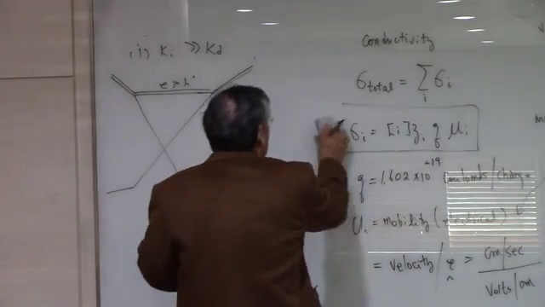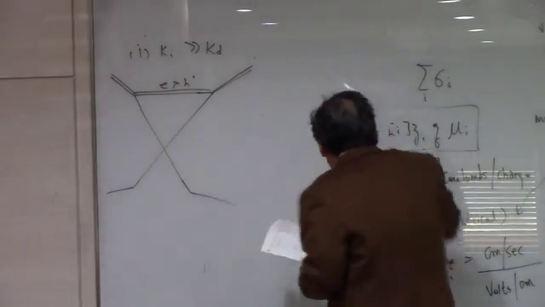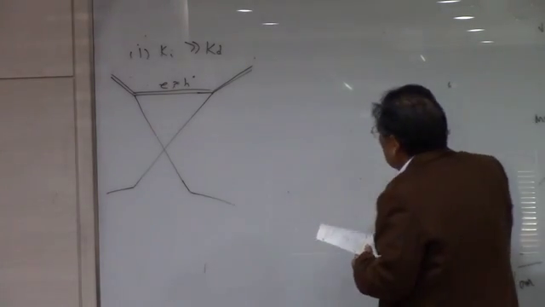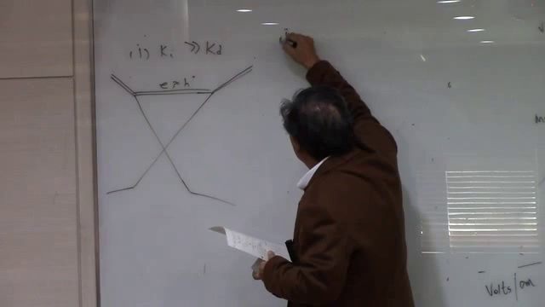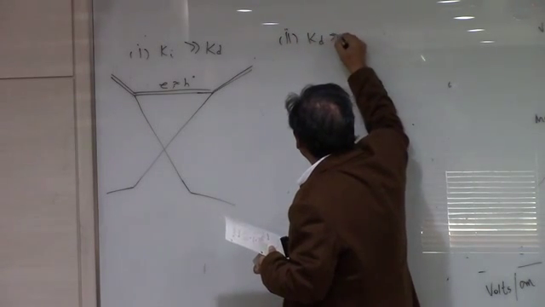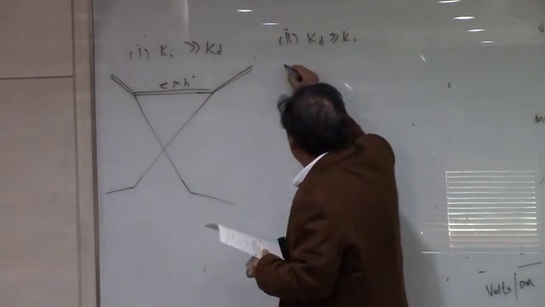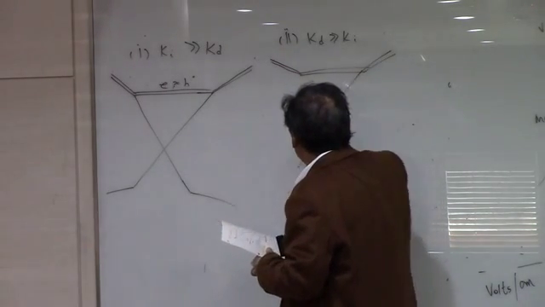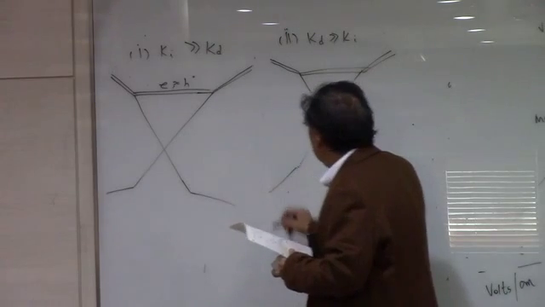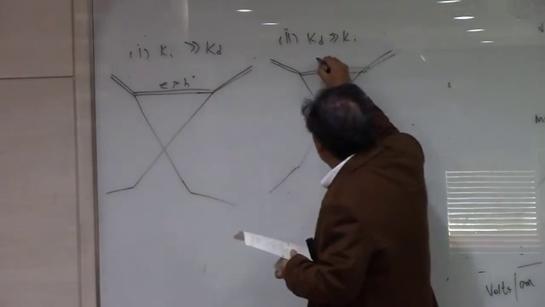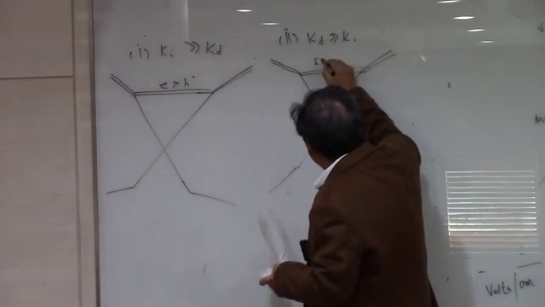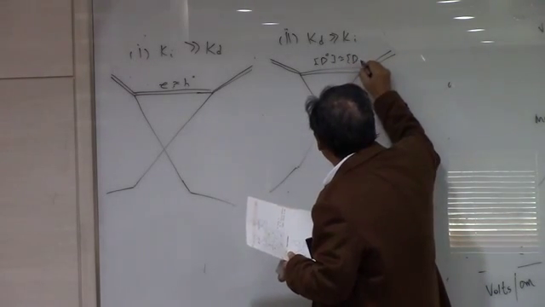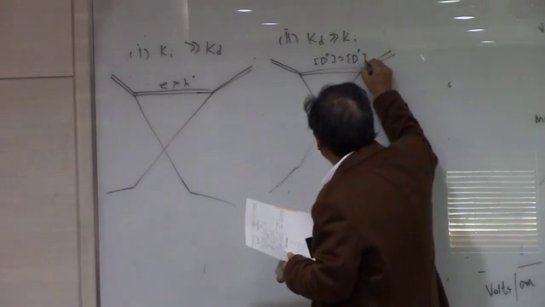But if you have a situation that Kd is greater than the Ki, then we have this kind of figure for the DED, but in this case, the ionic defect, the positive defect, is going to be equal to the negative defect.